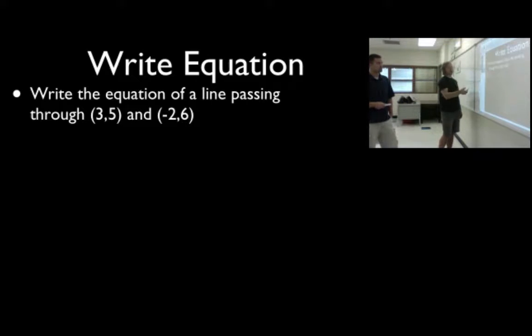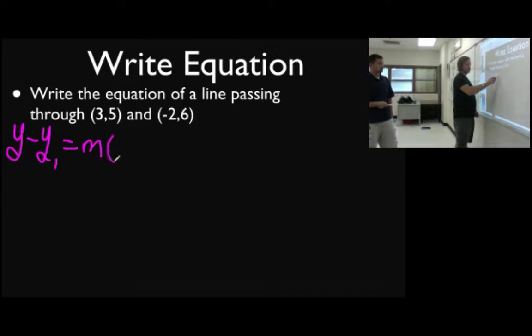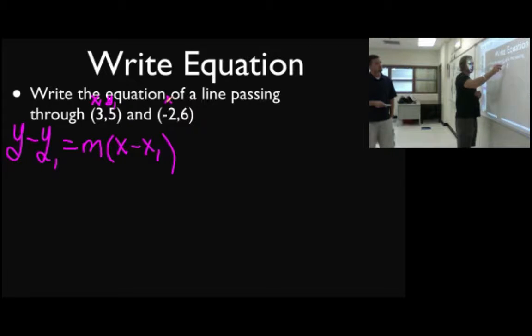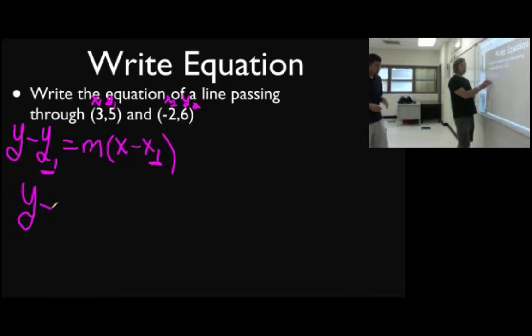All right, so let's try an example here. Write an equation. Since they gave me a point, I'm going to use y minus y1 equals m times x minus x1. Just like we did with the distance formula, let's go x1, y1, x2, y2. In other words, label your parts, and then plug the x1 and the y1 in right now. So y minus, what was y1?